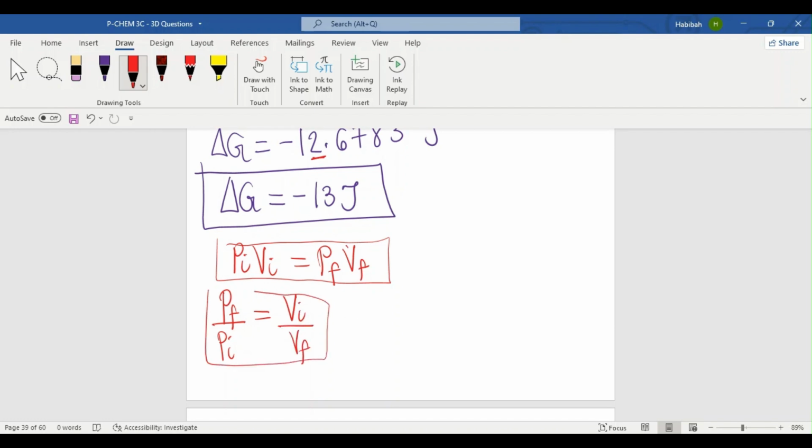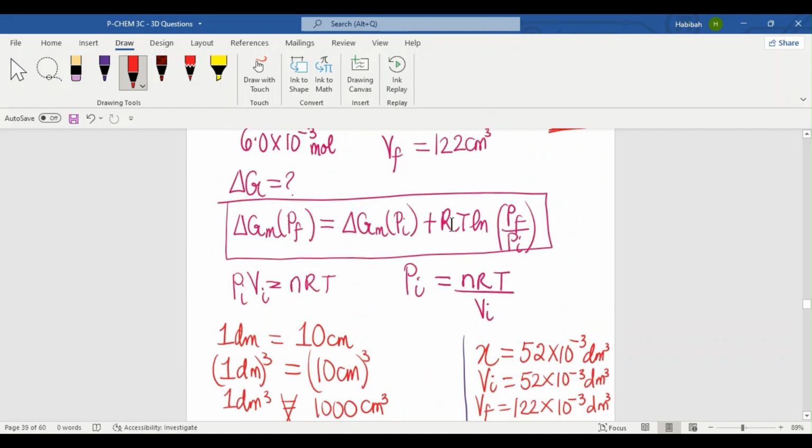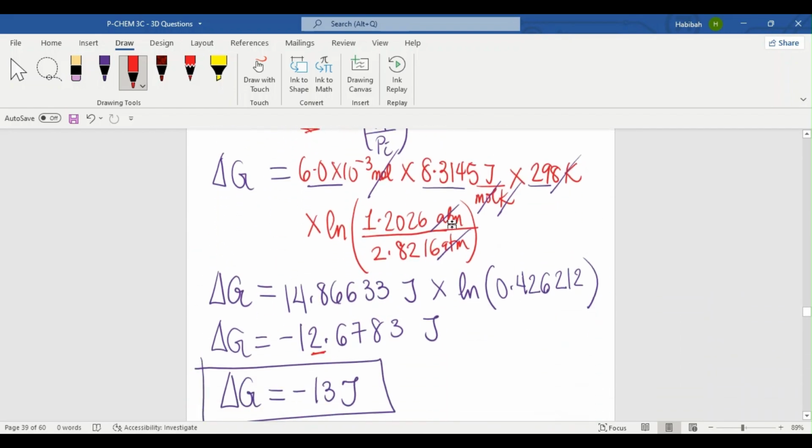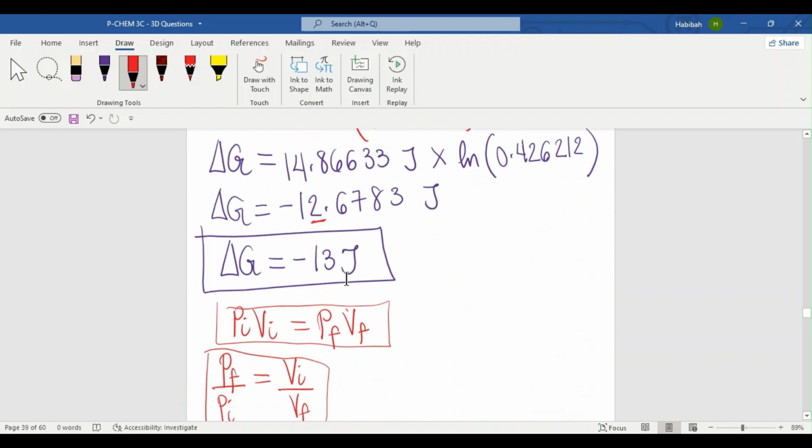Although I did not use this, what was eventually done by this person was a shortcut where the change in G becomes the number of moles times R times T times ln V initial divided by V final.